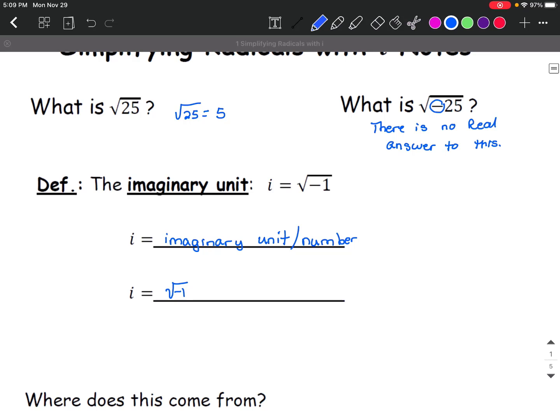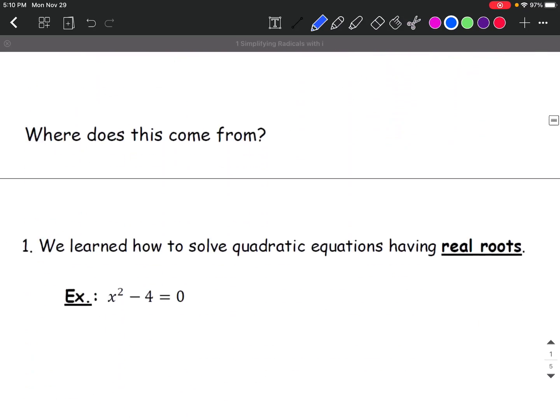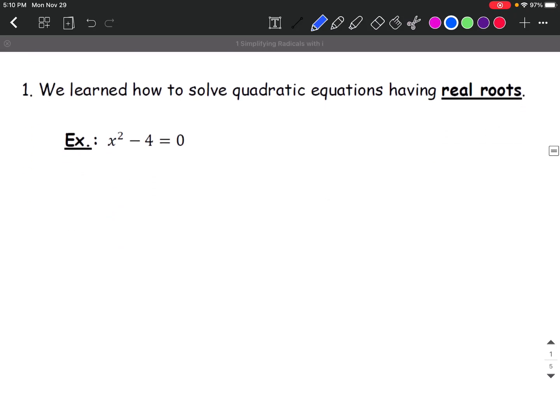In order to answer where this comes from, let's go back a little further into the school year to when we learned how to solve quadratic equations having real roots. For instance, if we had x squared minus 4 equals 0, we could use the difference of two squares because the square root of x squared is x and the square root of 4 is 2.